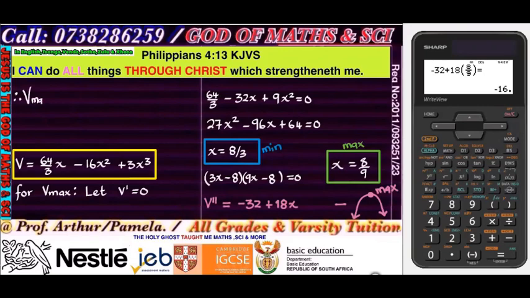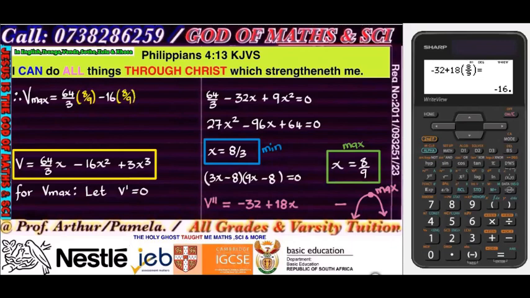They didn't ask me only for the x value that gives the maximum. They say I must go ahead and work out the maximum volume. That means now I need to insert 8 over 9. This question is the max. They're not giving you enough marks.